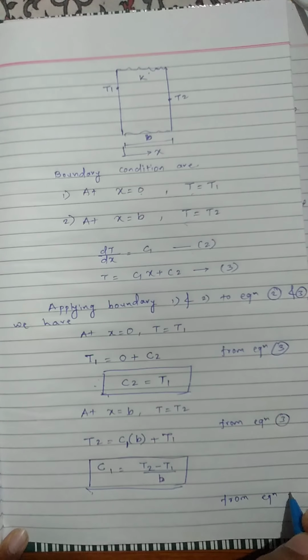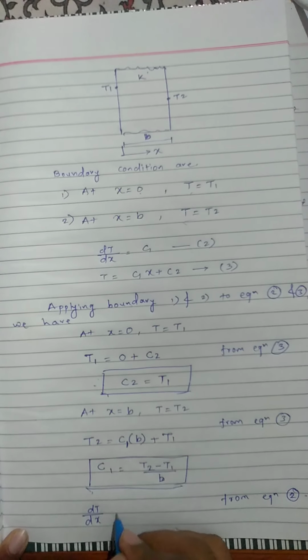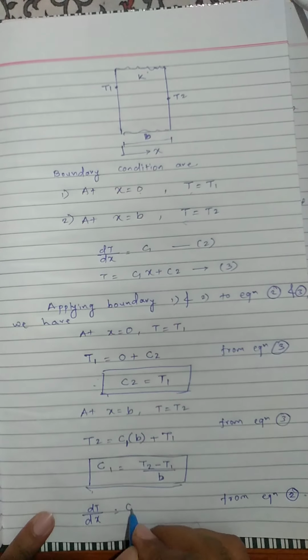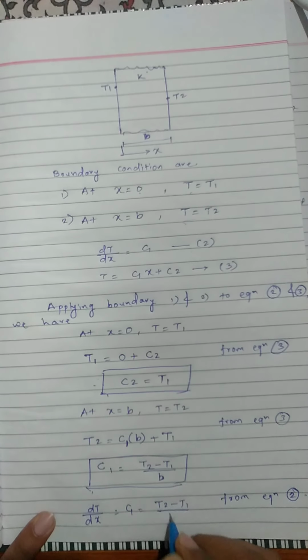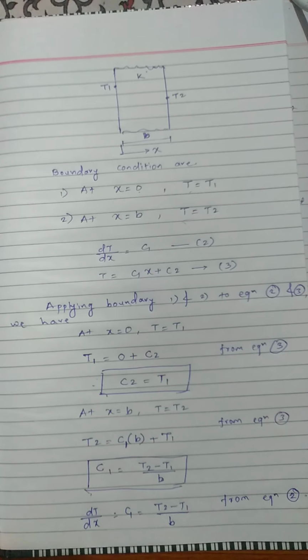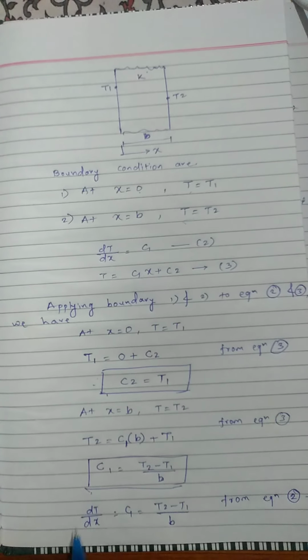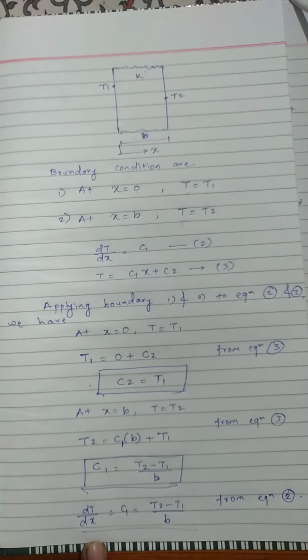Therefore, from equation number 2, dT by dx will be equal to C1, which is T2 minus T1 upon B. This is not the temperature profile, it is a slope.